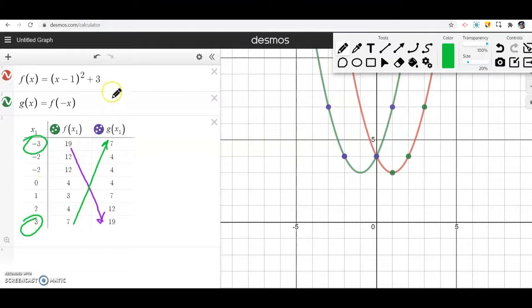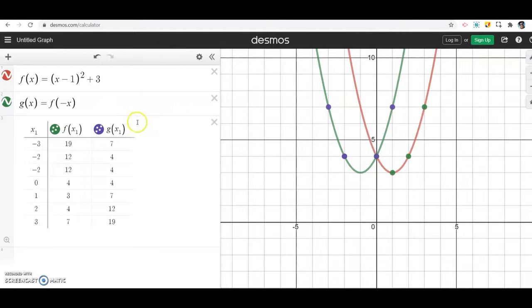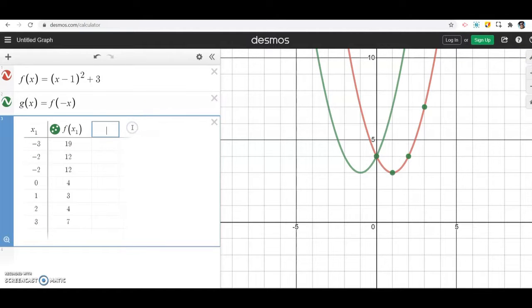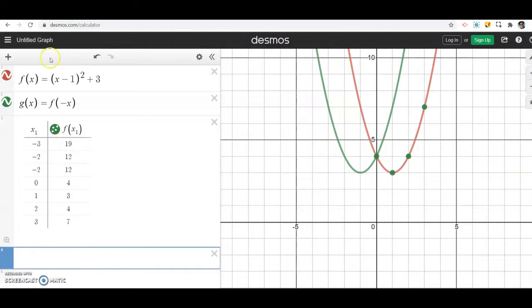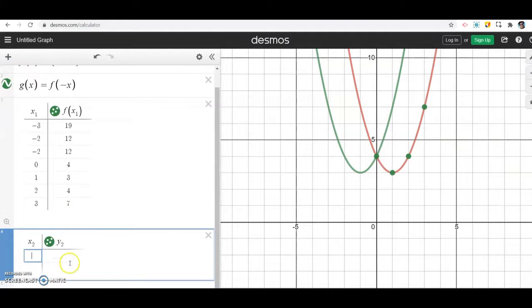It's a little bit tricky to look at both tables at once, so what can also help is to make another table separate. Let's get rid of this table. Now I'll add another table down here, and this one will be G, but notice my second table has X2.